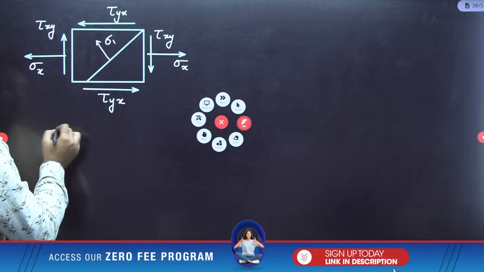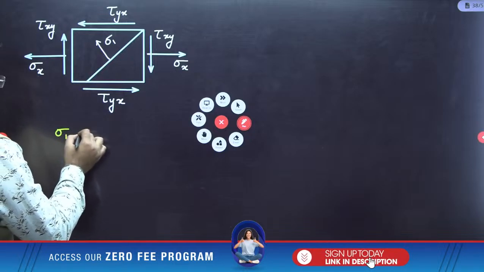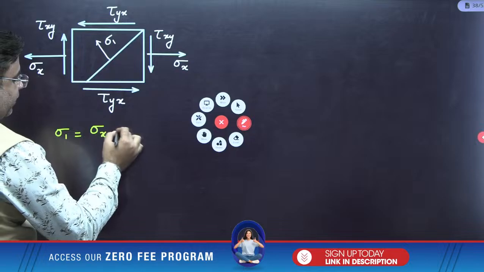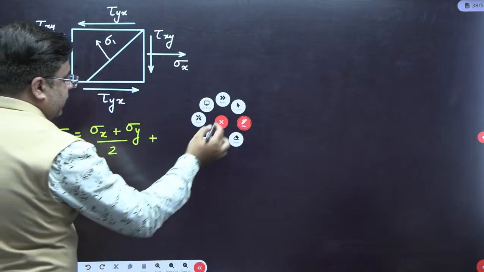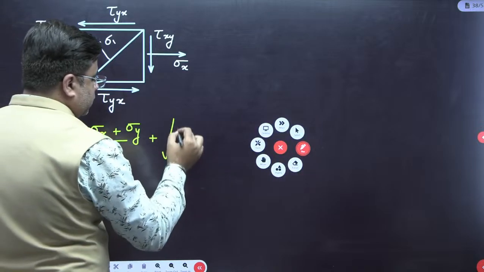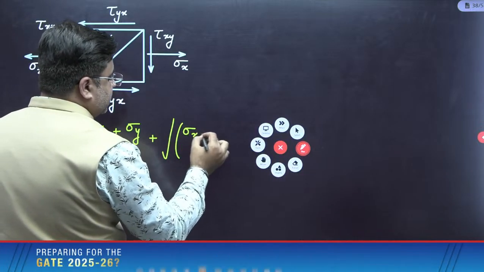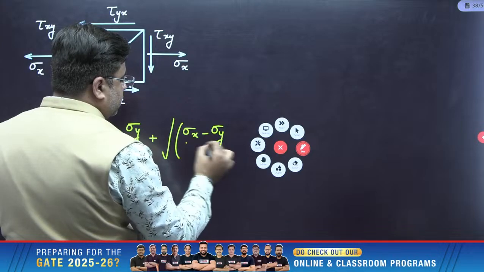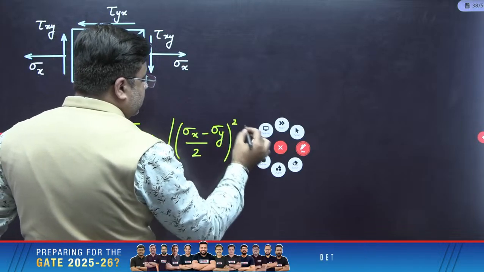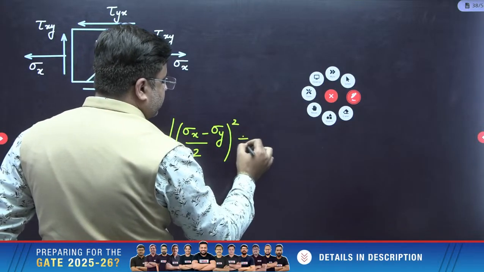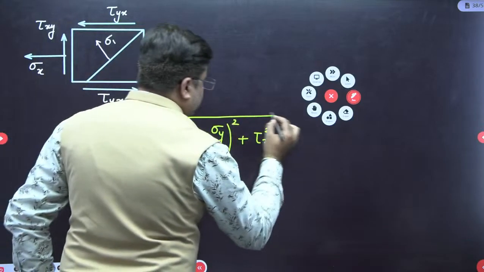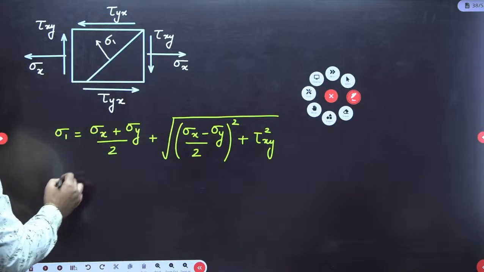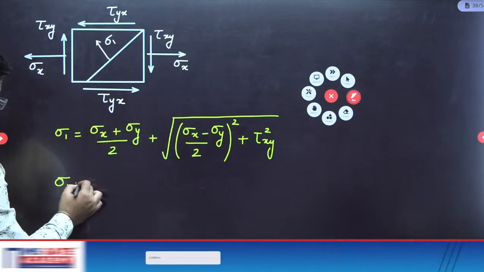plane. So you can calculate that sigma 1 is equal to (sigma x plus sigma y) by 2 plus under root of ((sigma x minus sigma y) by 2) the whole square plus tau xy square. So here the value of sigma x is given to you as how much?